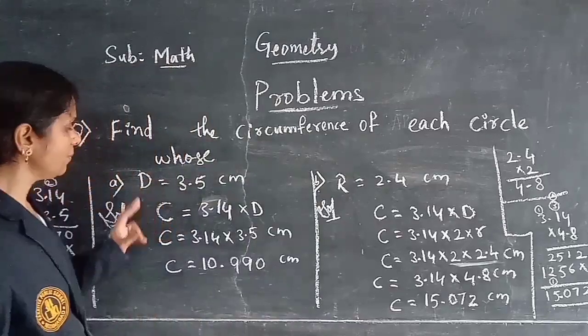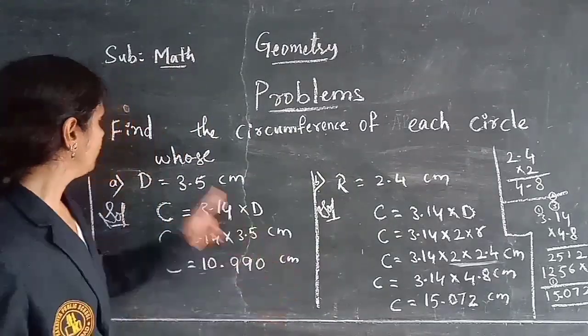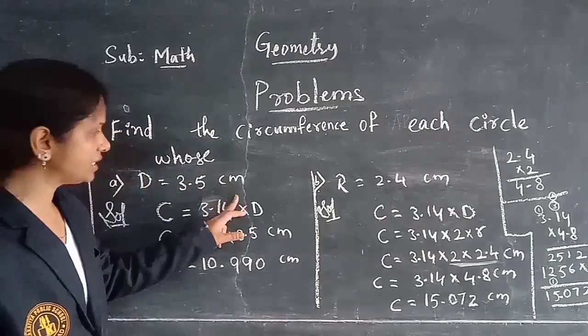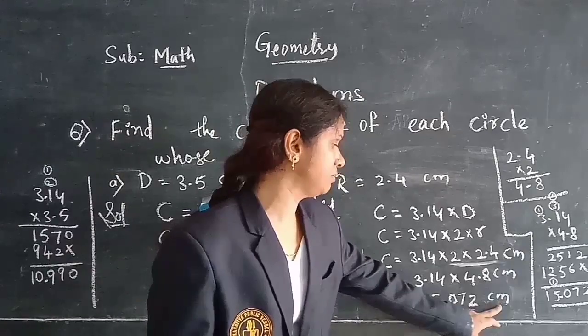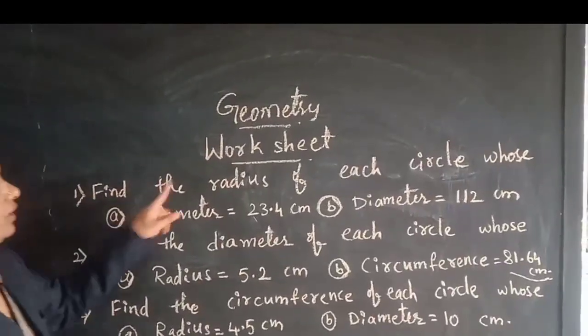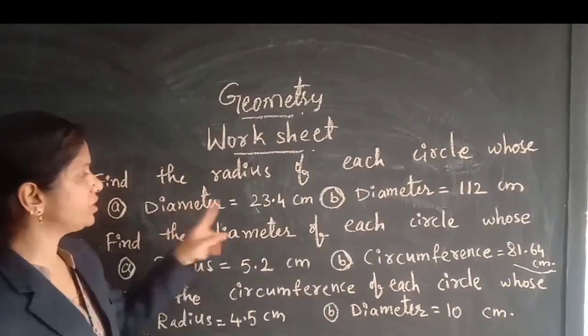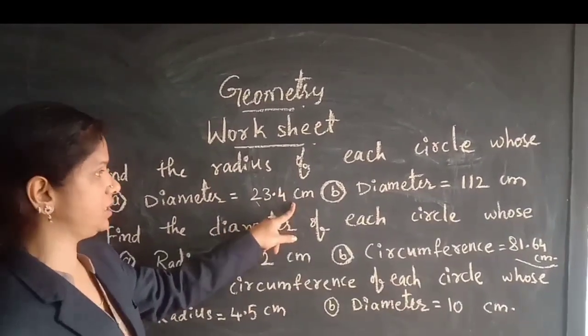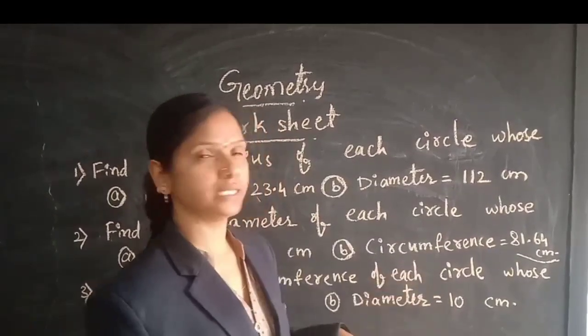See once again, children: circumference is 10.990 centimeters when the diameter is 3.5 centimeters, and the circumference value is 15.072 centimeters when the radius is 2.4 centimeters. Today's worksheet: find the radius of each circle whose diameter is 23.4 centimeters and 112.12 centimeters.